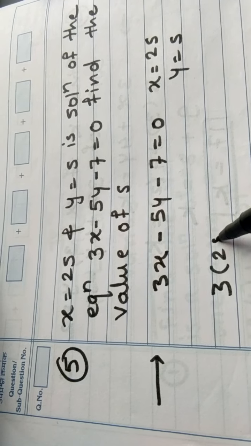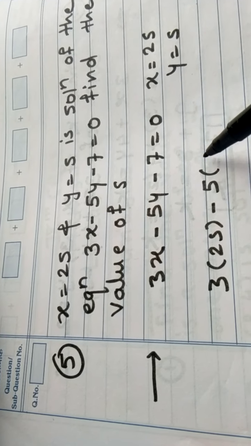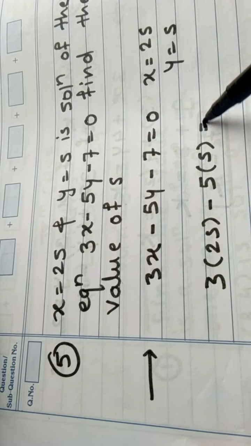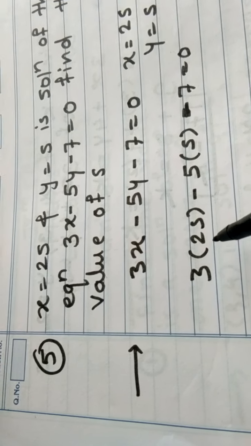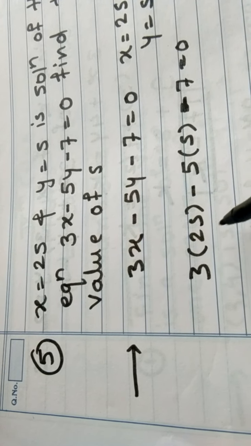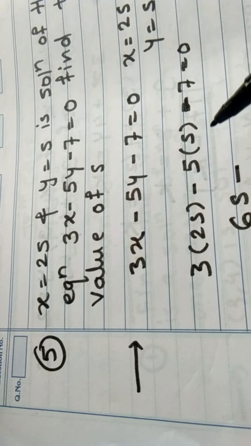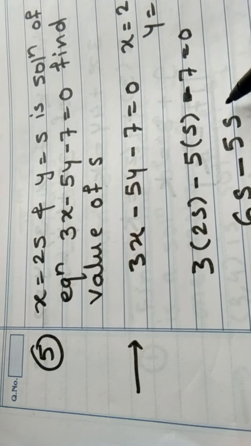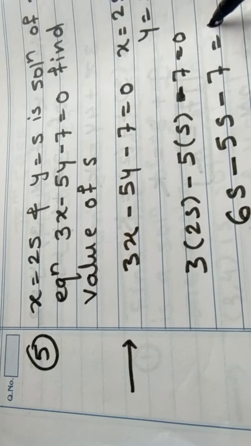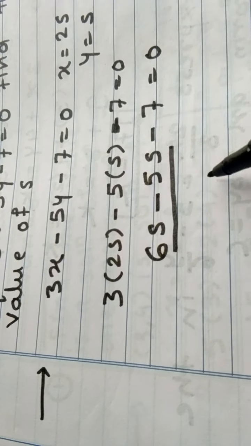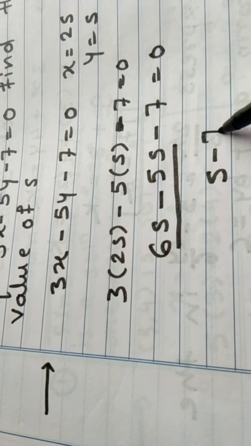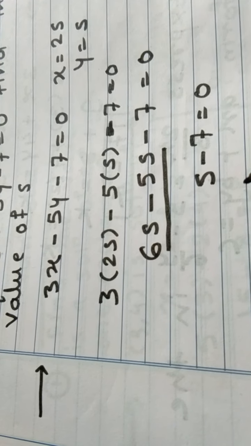3 into 2s minus 5 into s minus 7 is equal to 0. 3 into 2s, 3 into 2, 6s, minus 5s minus 7 is equal to 0. 6s minus 5s, it is s minus 7 is equal to 0.